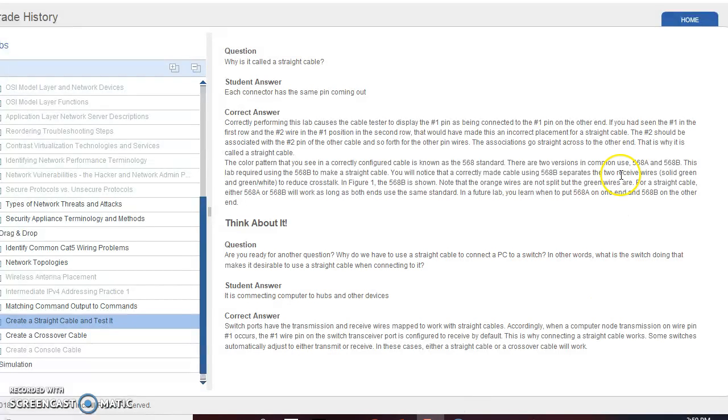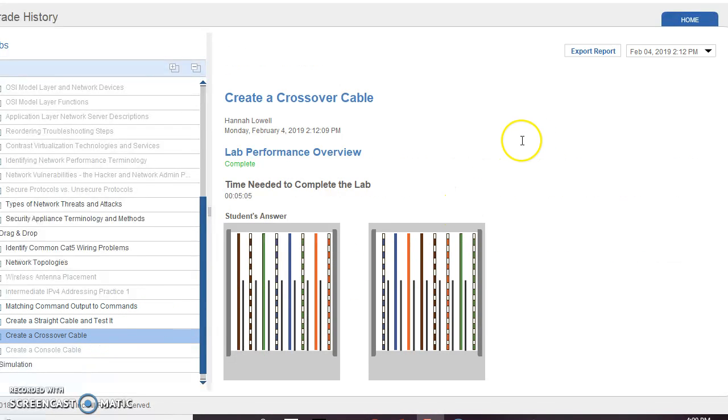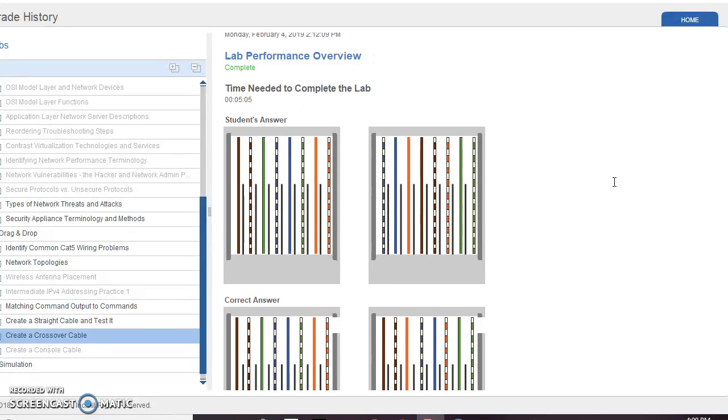The think about it questions were a little complex, as this is an area that is very new to me, but the information is definitely valuable. Last for drag and drops, we have creating a crossover cable. Crossover cables are used to connect two Ethernet devices to each other.